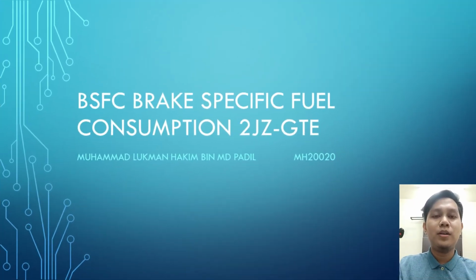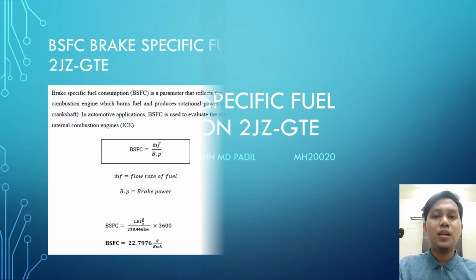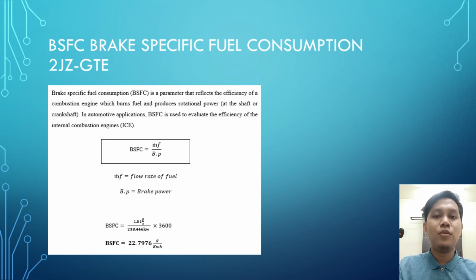My name is Muhammad Omar Hakim Padil. Matrix number is MH20020. Now I will explain about BSFC, that is brake specific fuel consumption. Brake specific fuel consumption is a parameter that reflects the efficiency of a combustion engine which burns fuel and produces rotational power at the shaft or crankshaft.